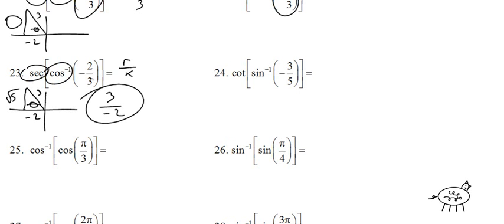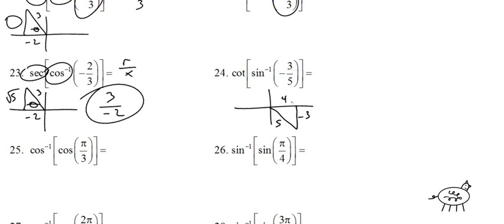I don't think I'd go that route, though. I think that's just too much to know. I would probably go with the route of drawing a sketch and then coming up with secant, knowing it's r over x. All right. Okay, so let's do another one here. Inverse sine, and it's -3/5, so I'm down here. And it's -3/5.